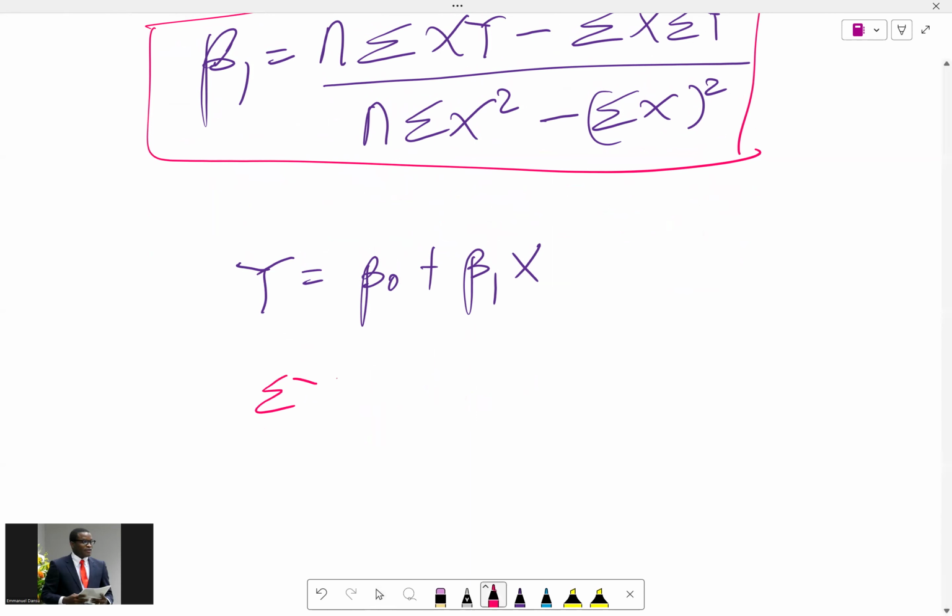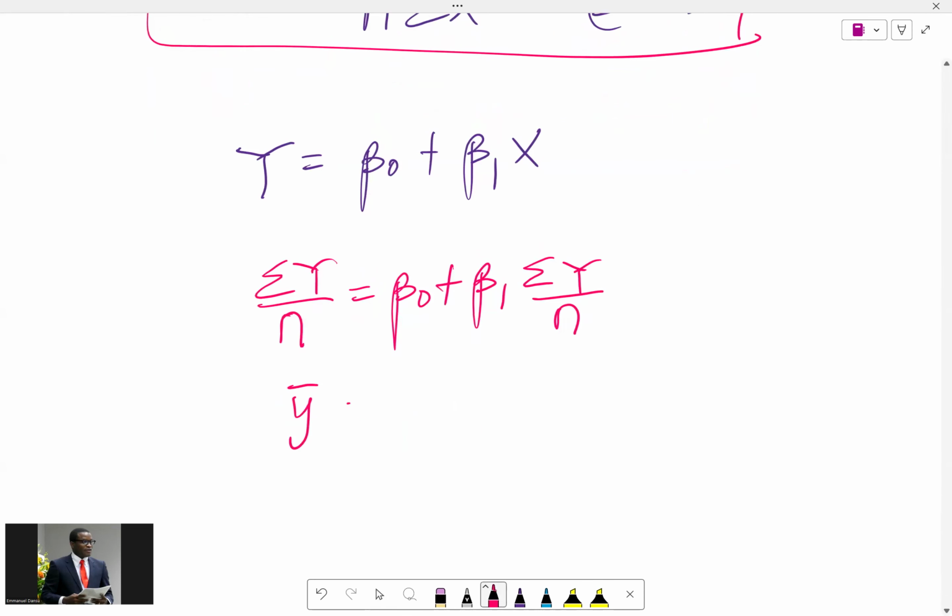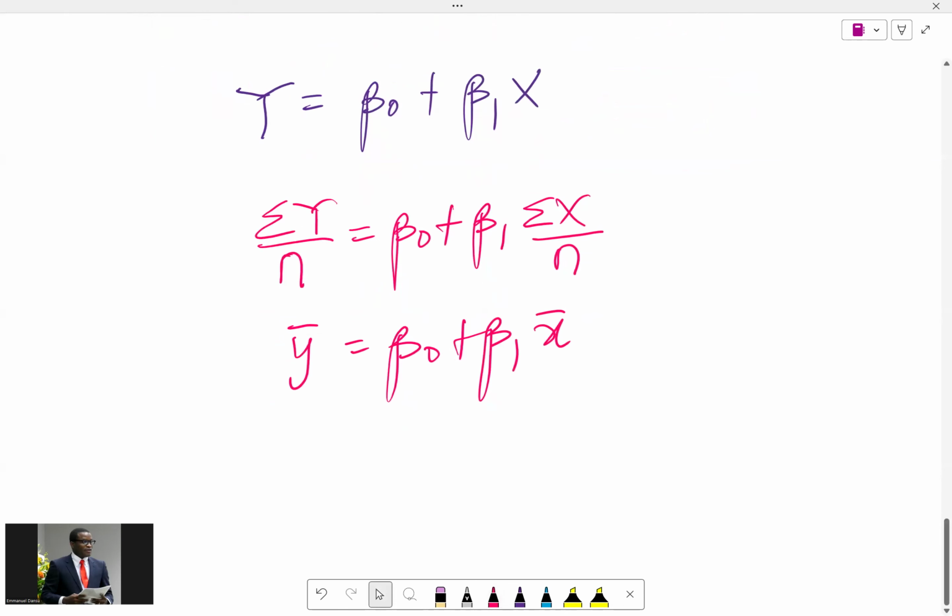So it's more like we have summation y over n, where n is the number of observations, equals beta naught plus, of course, if we find the average of a constant, it's always that constant, then beta 1 times summation x divided by n. So that means you actually have something like y bar equals beta naught plus beta 1 x bar. And what we need now is beta naught.